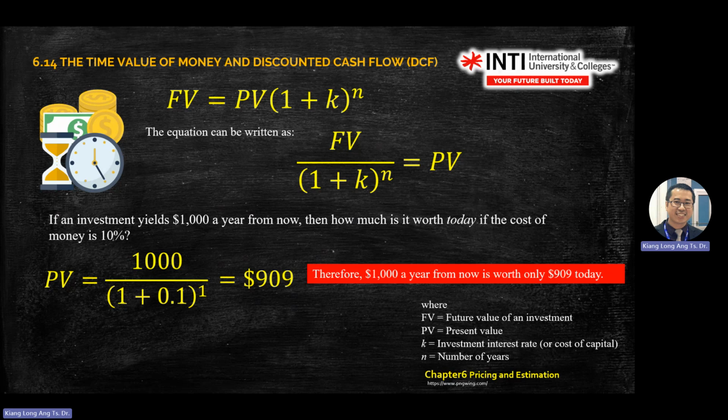So under a 10% interest rate, 909 is equal to 1,000. It means today you buy an item for 9 ringgit, and in future you sell the same coffee and the value you can sell is 10 ringgit. So this is more on currency, more on the present value, and so on.